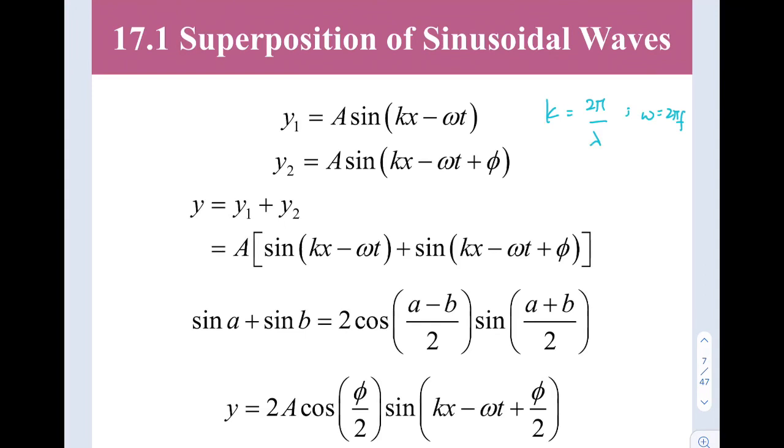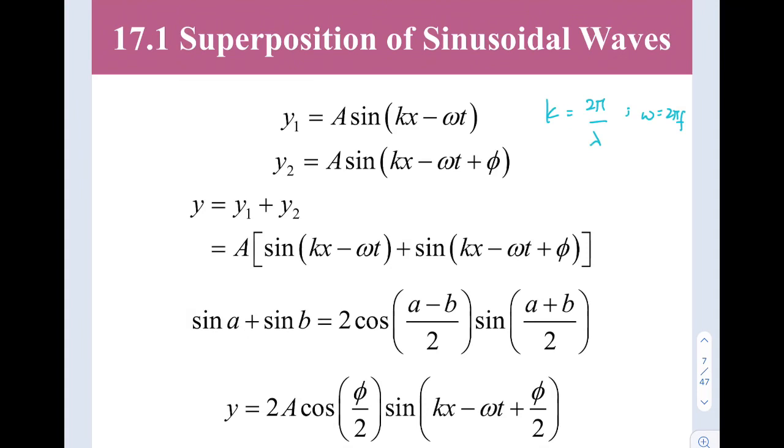Now if we are doing the resultant, y resultant or y total is equivalent to y1 plus y2. This is your y1, plus y2. What is your y2? This whole bar of this. The a is a constant, so we put it outside. Then you have sin(kx minus omega t) plus sin(kx minus omega t plus phi).